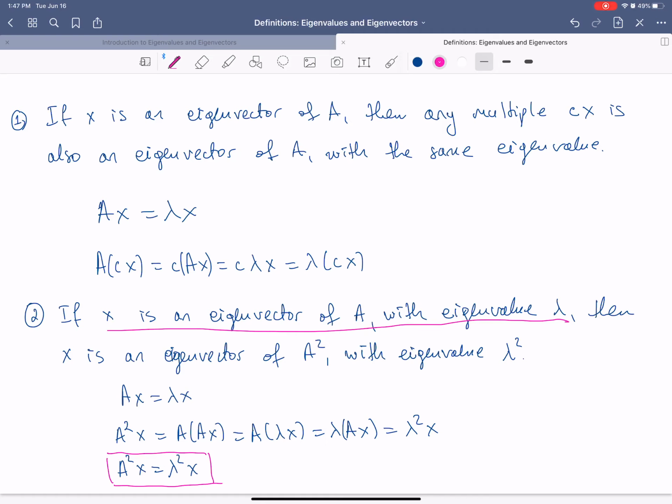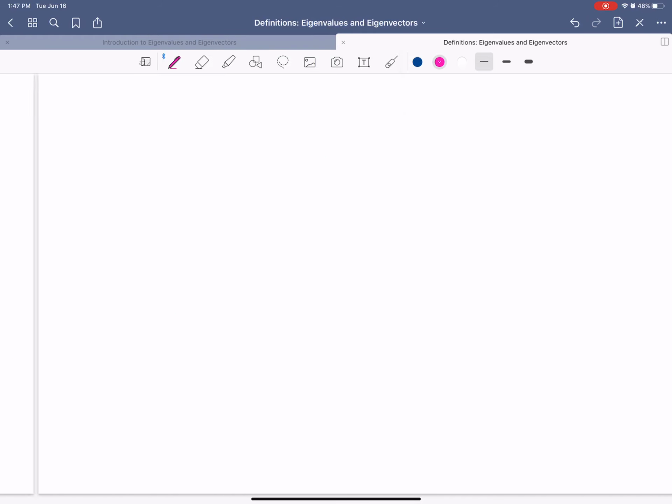Now this is very promising. Remember that when we defined this problem, our original goal was to talk about what happens when we apply A to the n to some vector. In the case of eigenvectors, A to the n times x is something that can be computed very easily.